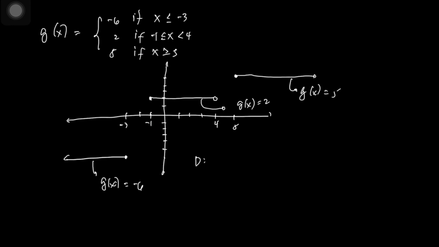Now what is the domain? The domain is negative infinity to -3, union from -1 to 4, but 4 is not included, then union from 5 to positive infinity.